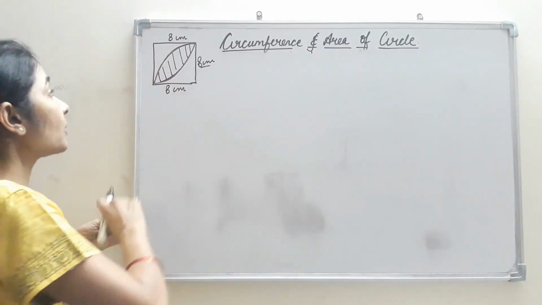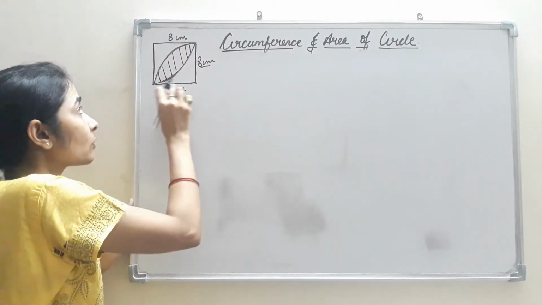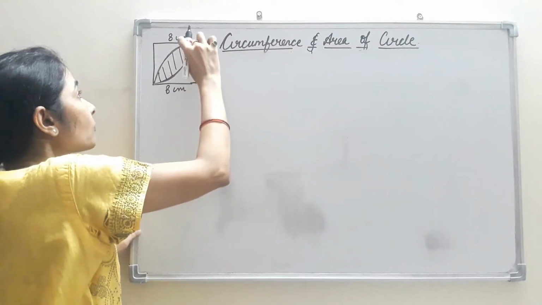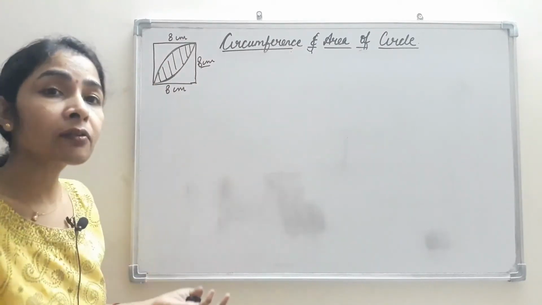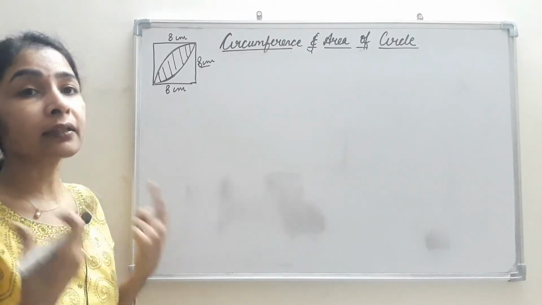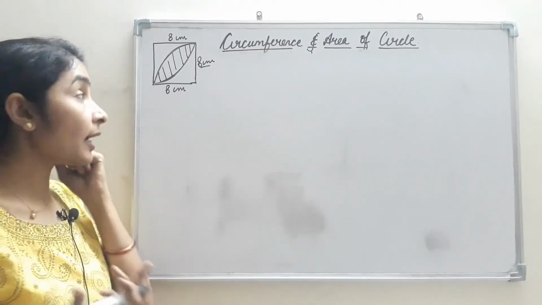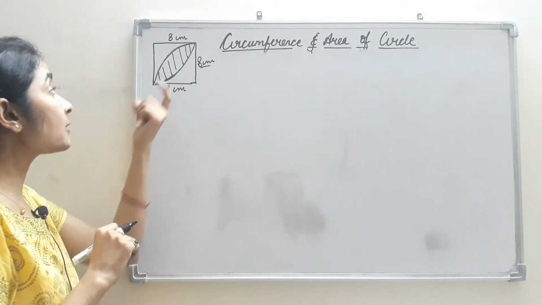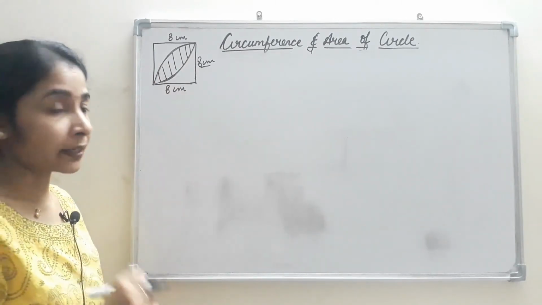That means first we will find out the area of this sector, then we will calculate the area of this sector. So calculating the area of two sectors and then subtracting the area of the square from it will give us the answer, that means the area of this common part.